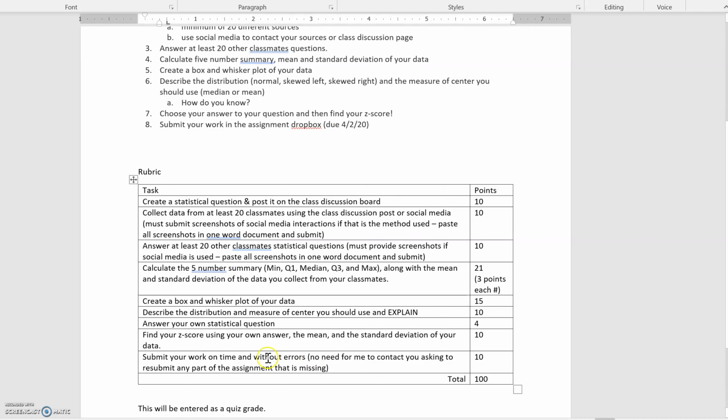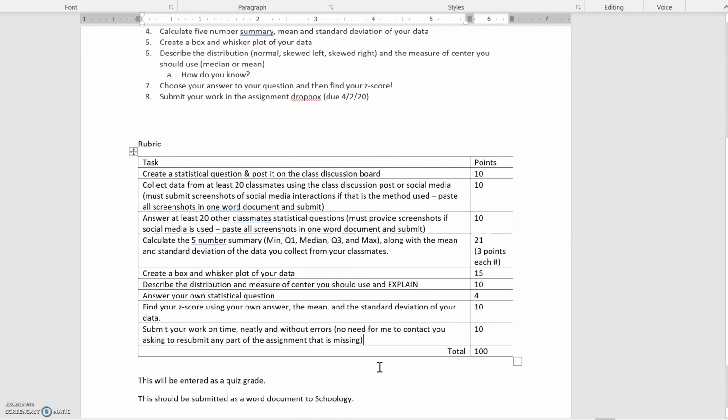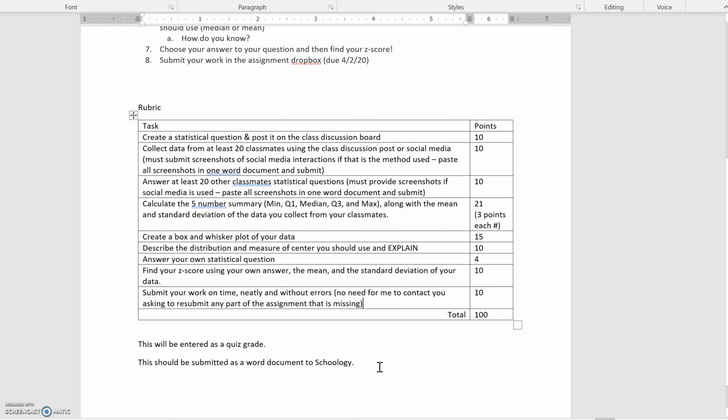And then finally, you're submitting your work on time and neatly, and I'm going to add, without error. So there's no need for me to contact you asking you to resubmit any part of the assignment that is missing. When I say neatly, this needs to be in an organized fashion. I'm asking you to submit this in a Word document.